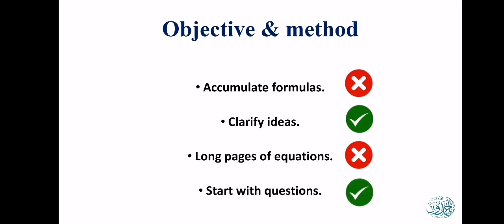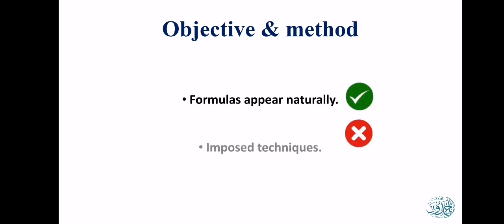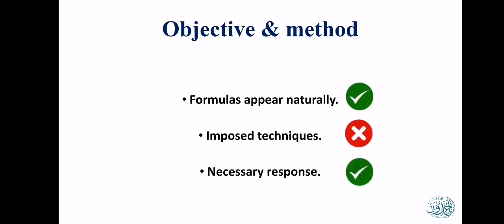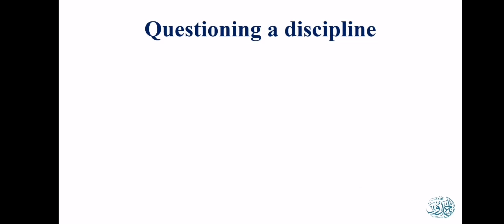And by answering these questions, I hope that the formulas will then appear naturally, not as imposed techniques, but as a necessary response. So what kind of questions are we going to ask? We are going to ask natural questions that arise naturally when we encounter a new discipline.